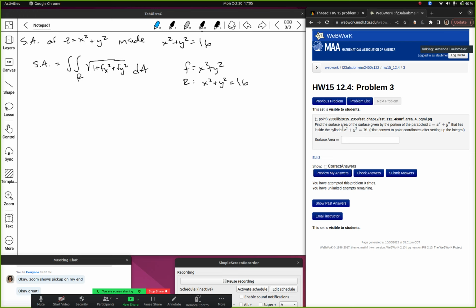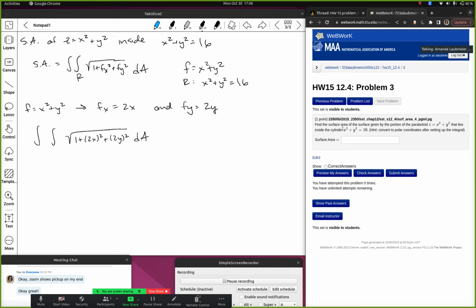So for f equal x squared plus y squared, we know that fx will be 2x and fy will be 2y, just taking our partial derivatives. So what we're going to have is a double integral of root 1 plus 2x squared plus 2y squared dA.